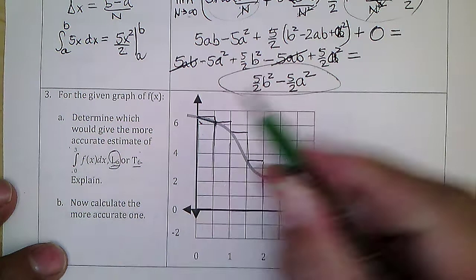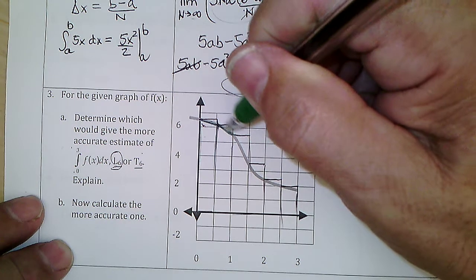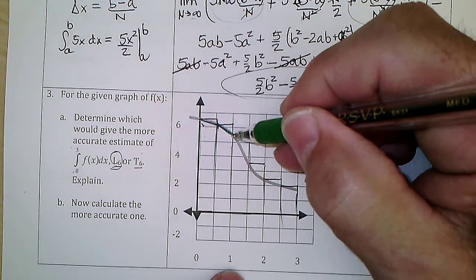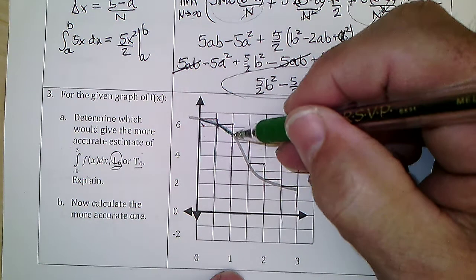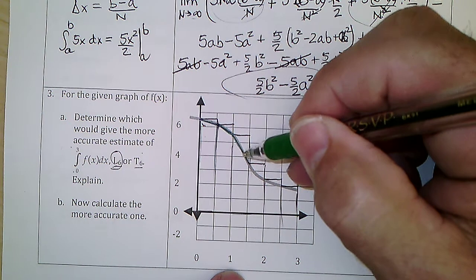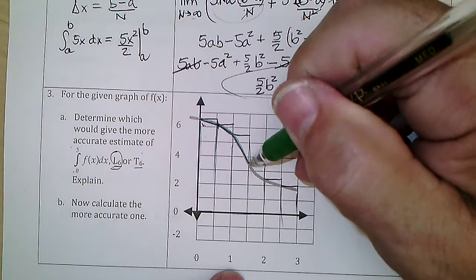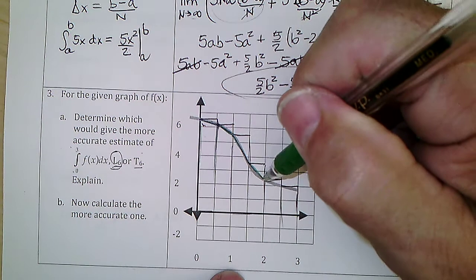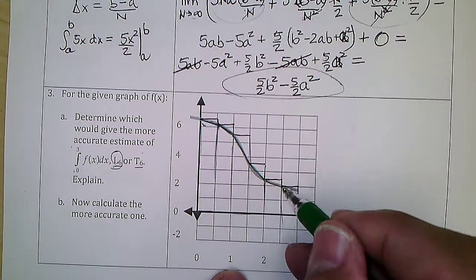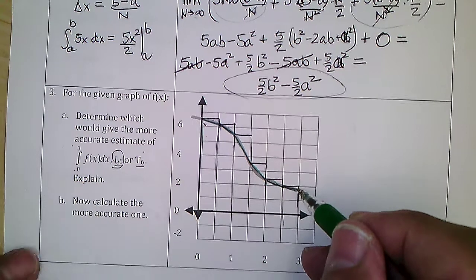And if I connect the left height to the right height on this one, again, it's slightly under, but not near as much under as that one's over. And this one, since it curves up and then curves down, it's a pretty close estimate. Some over, some under. So it's going to be really close to the correct amount. Here, the trapezoid is going to give me extra area, but not as much as the left. Here, I'm going to get pretty close to the correct area.